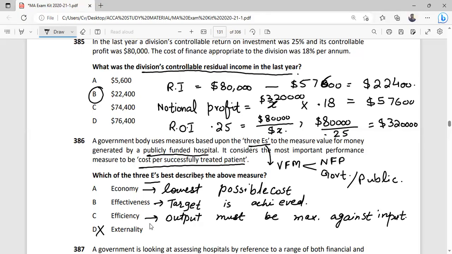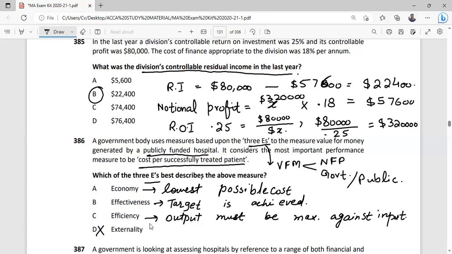For example, if we talk about a transport service, a bus has 40 seats, and if all 40 seats are occupied, now we can say that this bus is performing at maximum possible level, or performing efficiently. So what does it mean? At times question is discussing the cost, but in fact, the main answer of the question is not cost.